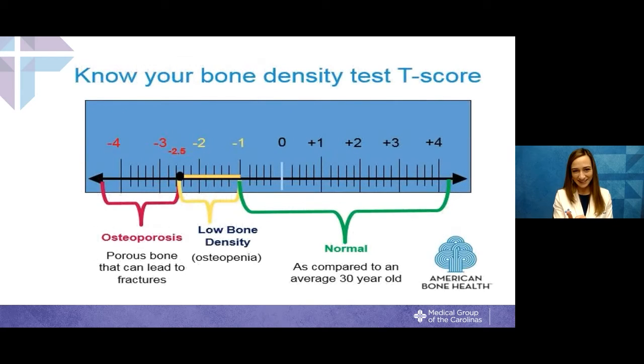Now, one last thing on this slide, though. This is an objective way to look at the density of the bones. However, it's not necessarily going to tell me your quality of bone. Okay, so quantity and quality are two separate things, right? So say that you've had some compression fractures, or maybe you have some really bad arthritis. Sometimes that can fool our bone density scan, and it can make it look thicker than it really is.